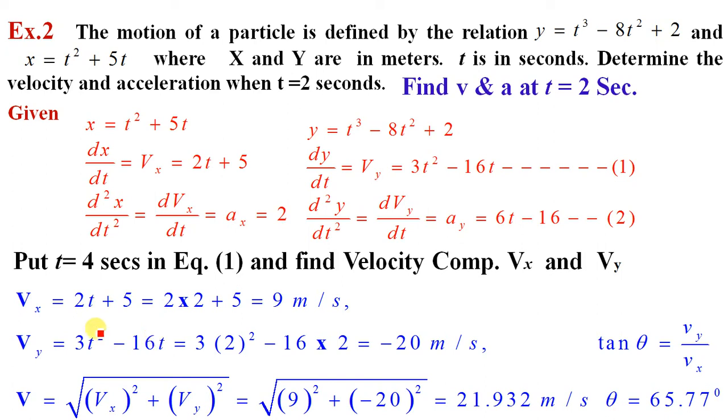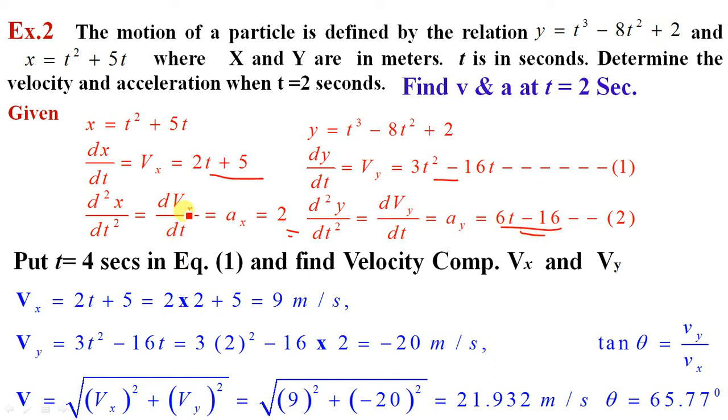So differentiating this equation, we will get 2t plus 5, that is Vx. Differentiating this equation, that is 3t square minus 16t, will give you the Vy. Again differentiate these equations: you will get Ax is equal to 2, and differentiating this equation, Ay will give you 6t minus 16.